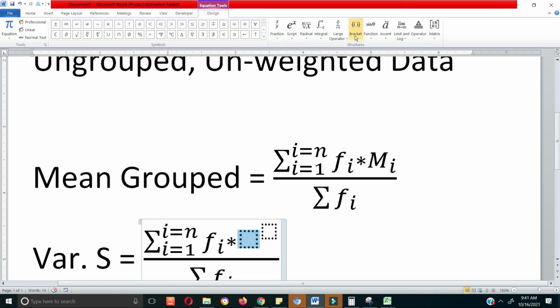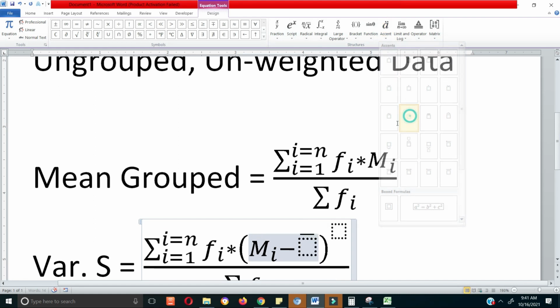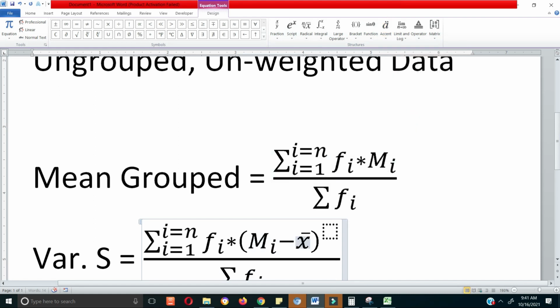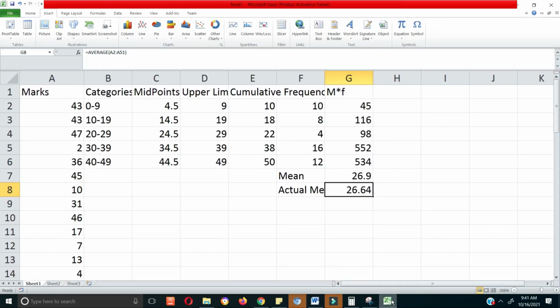The square of these midpoints minus x bar, and then we square, and you're going to see that this actually still approximates the actual variance.